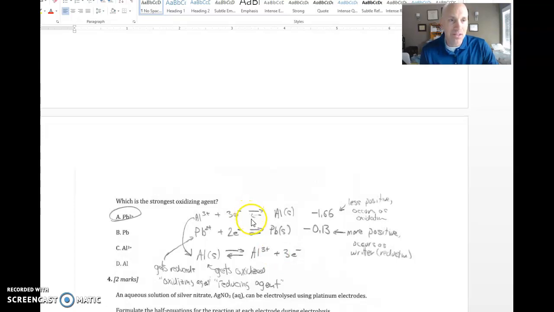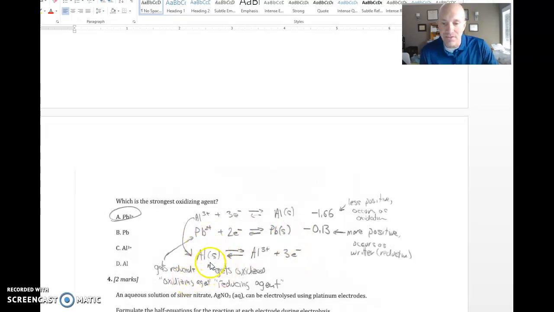The reason it's the drying agent is that in the process of it getting wet, it's causing something else to get dry. Same thing here. In the process of something getting reduced, it causes something else to get oxidized. In the process of something getting oxidized, it's supplying the electrons that allow something else to get reduced. So that's a way you can think about these.